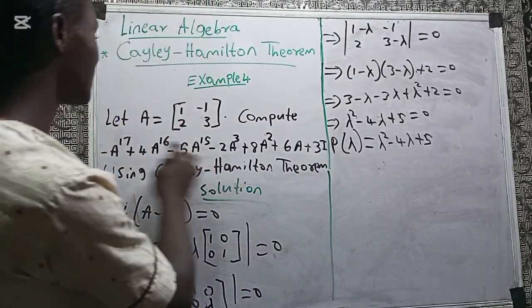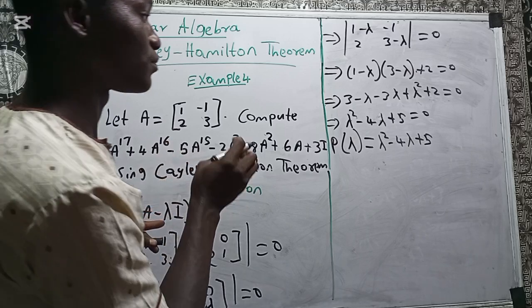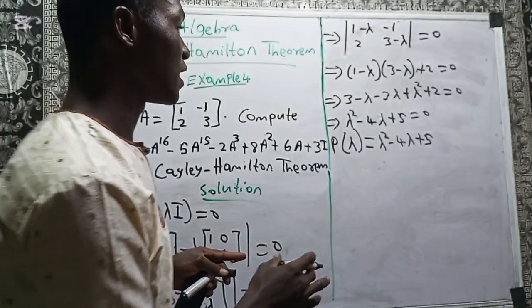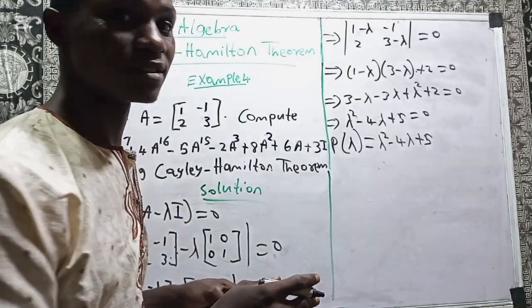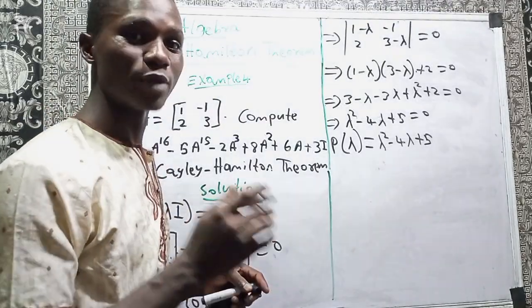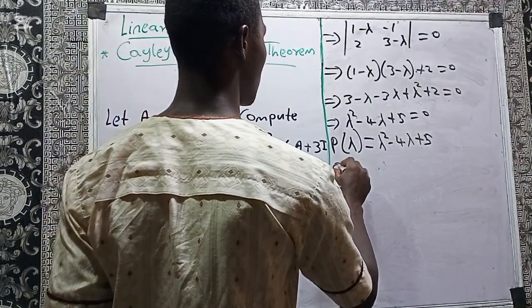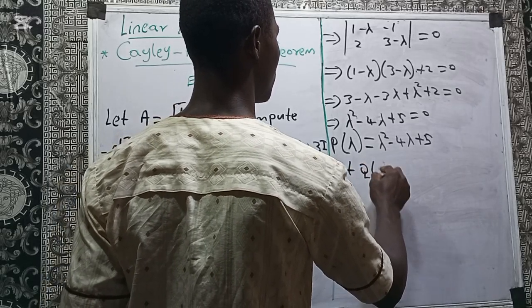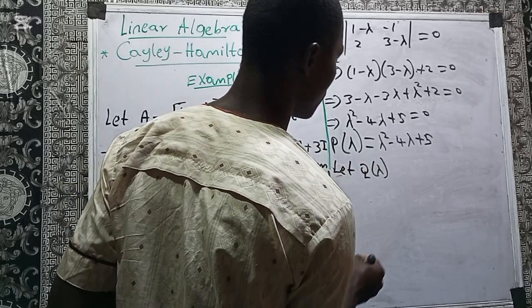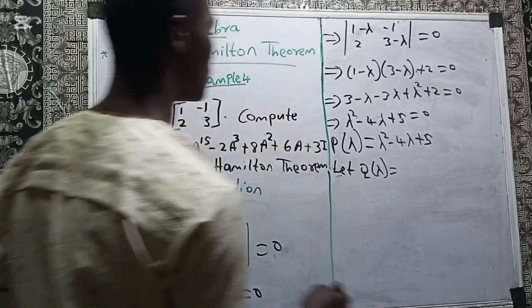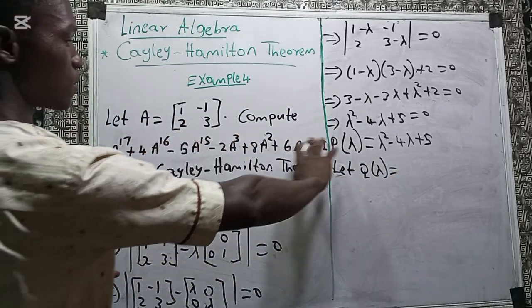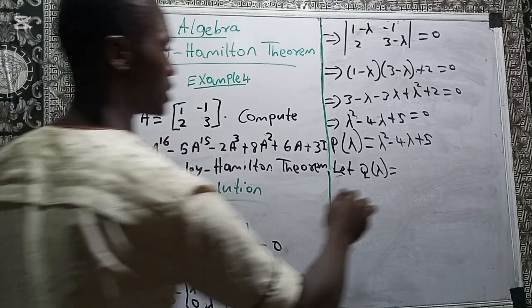So to solve this, we are going to write this long expression in terms of what? Lambda. So we'll have two polynomials. Then we'll be using the knowledge of polynomial division to do this. So let this polynomial in terms of lambda be equal to, so we substitute lambda anywhere you see A in this long expression.